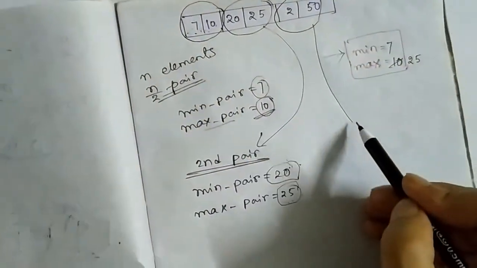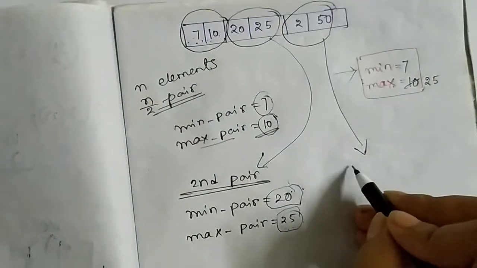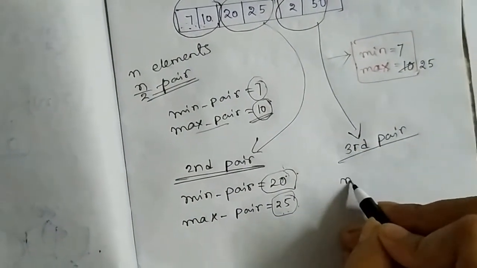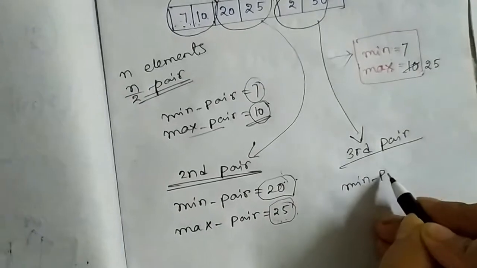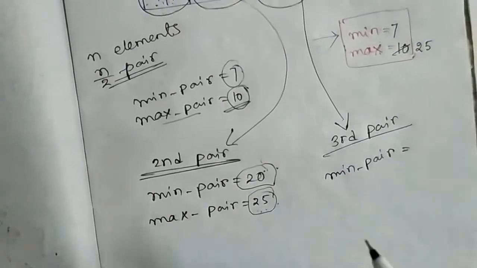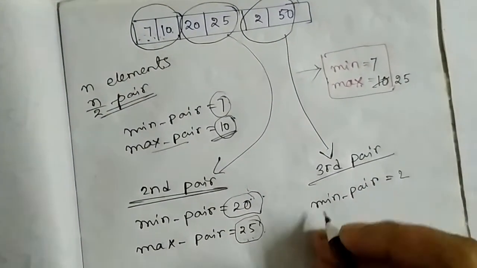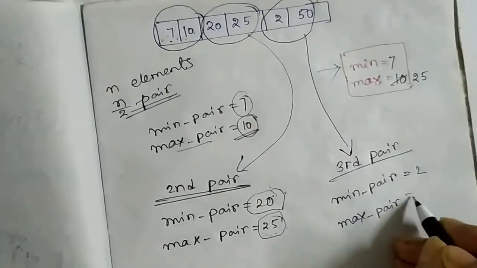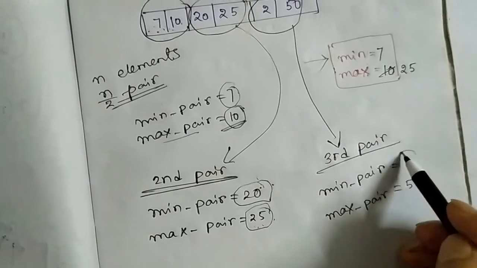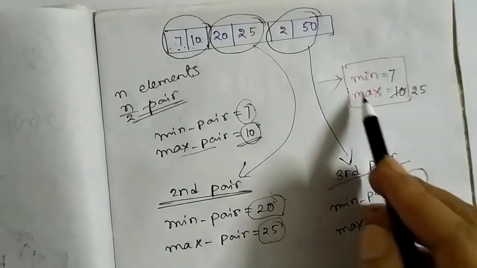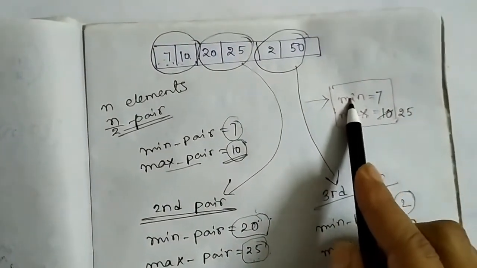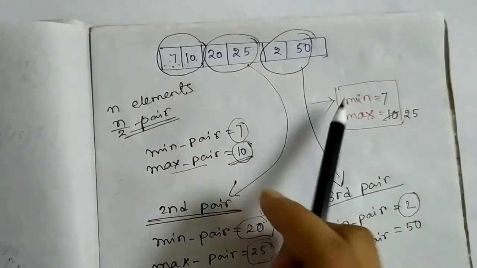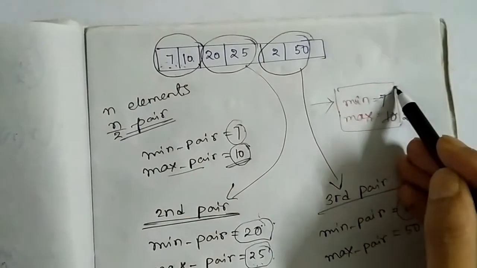Now I will check the third pair. In the third pair, the minimum of the pair will be 2, and the maximum of that pair will be 50. Now 2 is less than the structure minimum. That means 2 is eligible to become the minimum of the entire array. So I will replace 7 by 2.